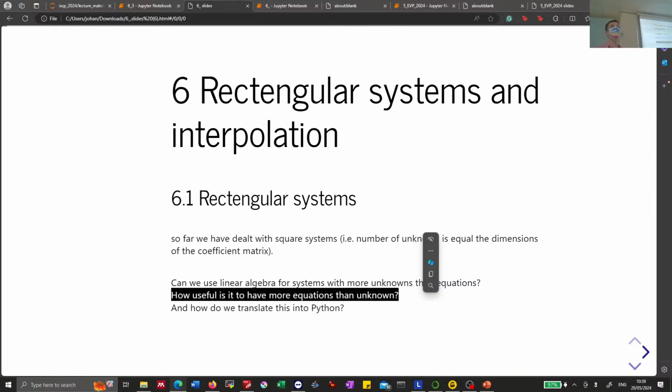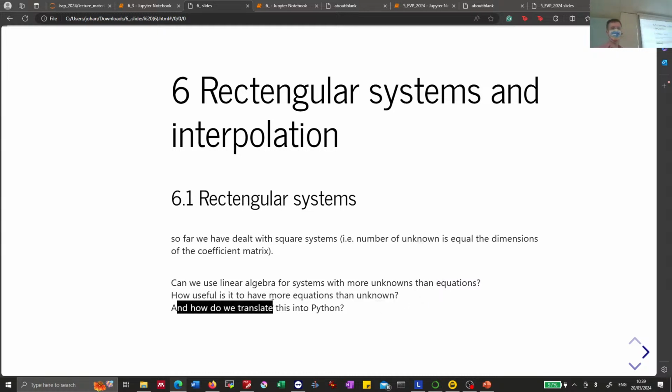Well, let's say I have just one unknown, x, and I give you 10 different equations. How useful is that? How can we translate these types of problems into Python? And then we have an example.